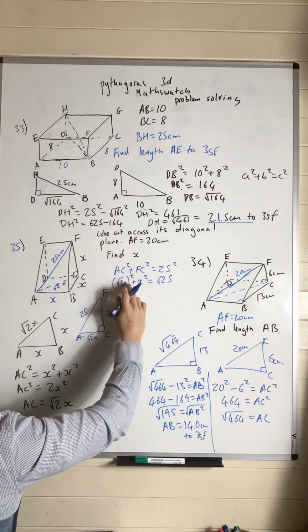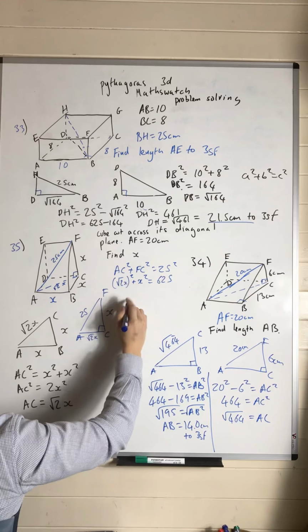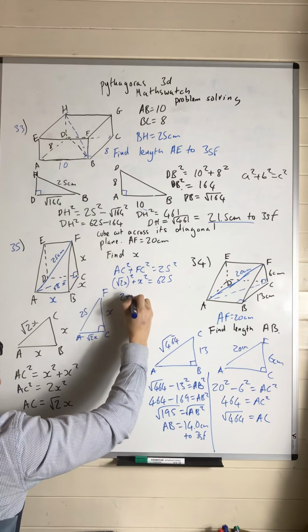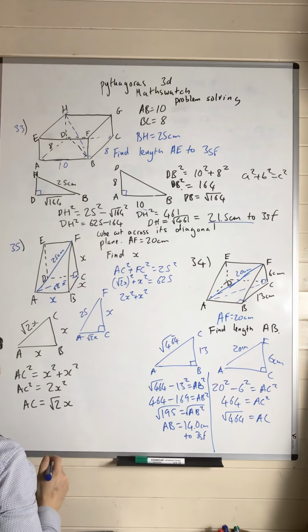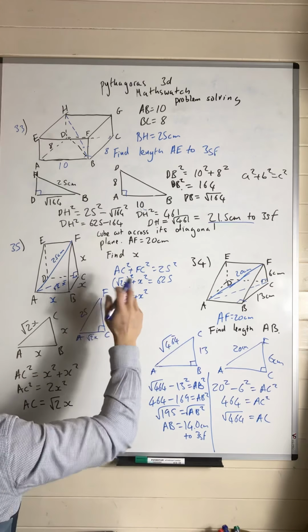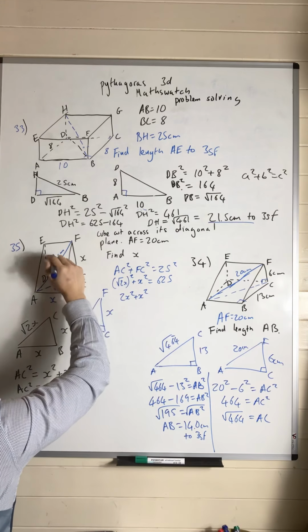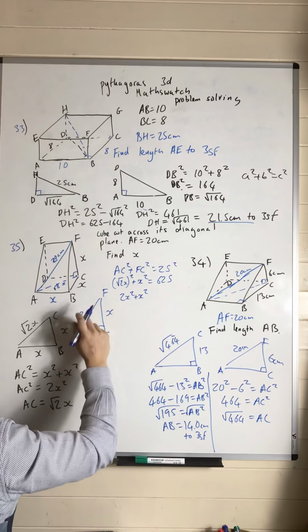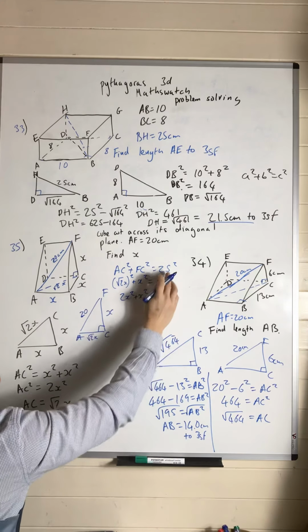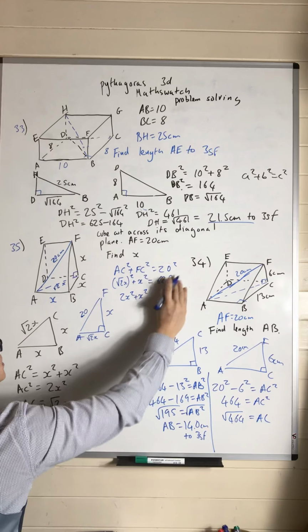Root 2 squared is going to be 2, and that's going to give us 2x squared, so 2x squared plus x squared. And in the question it does say AF equals 20 centimetres, so I need to make a correction on my calculations. I'm writing the wrong numbers down, so 20 squared is 400.